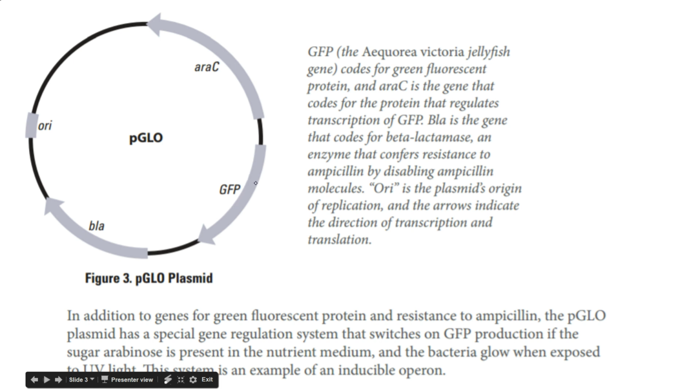The way this has been engineered is that only if this gene gets turned on will this gene get turned on. And the only way this gene gets turned on is if arabinose sugar is present in the nutrient medium. So if there is the right sugar, then it'll make the protein to make them glow. If the sugar is not there, it won't make them glow.